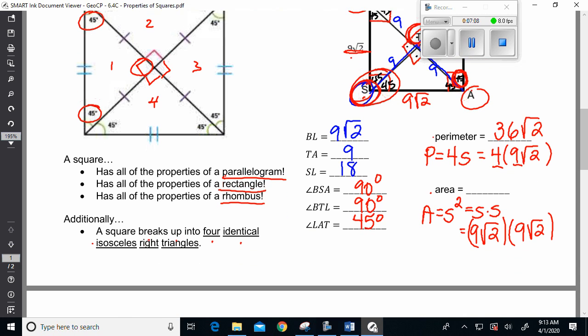If we multiply them together, 9 times 9 is 81. Square root of 2 times square root of 2 is the square root of 4. Square root of 4 is equal to 2. And 81 times 2 means that your area is 162.